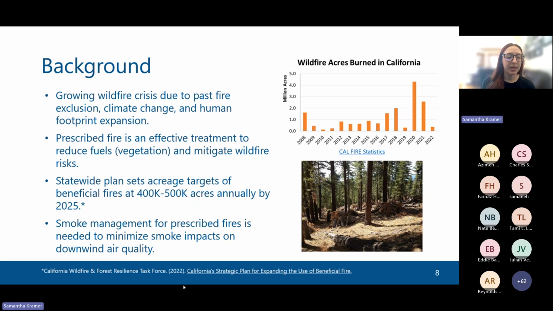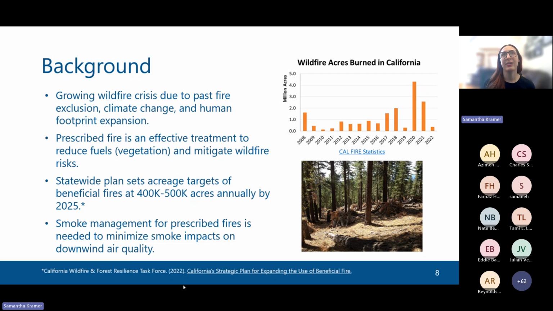And from the Wildfire and Forest Resiliency Task Force, as well as the California Strategic Plan for Expanding Beneficial Fire, we know that the state plans on increasing the amount of fire we put on the ground by about twofold what we've been seeing in the past. So anywhere between 400 and 500,000 acres per year of beneficial fire. That's a lot of fire, and that's a lot of smoke.